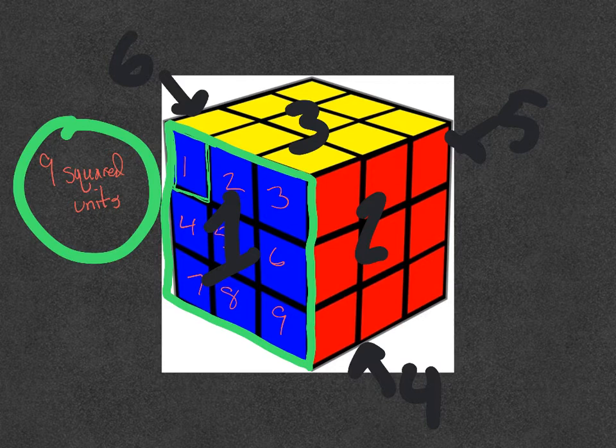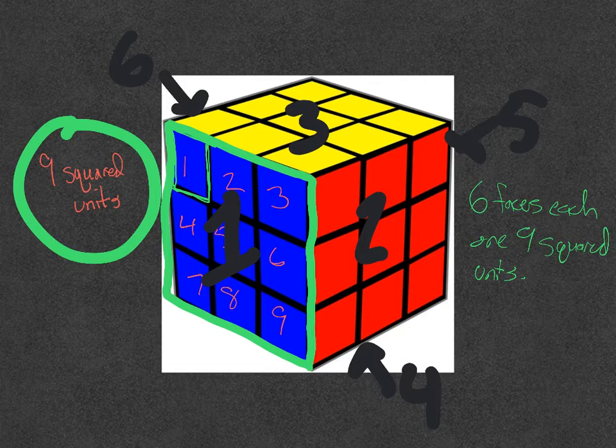So if I've got 6 faces, each one 9 square units, I can solve it 2 ways.